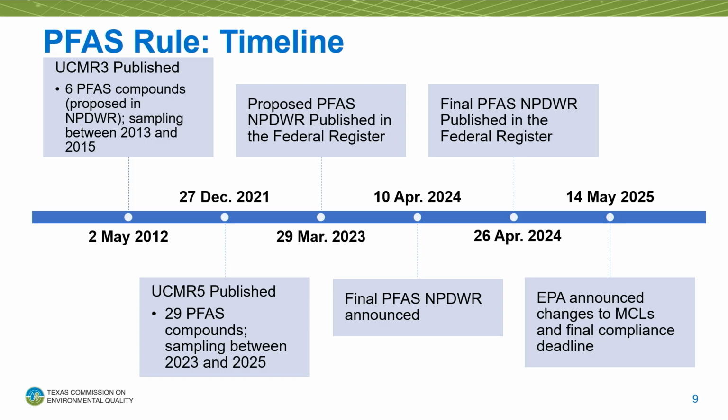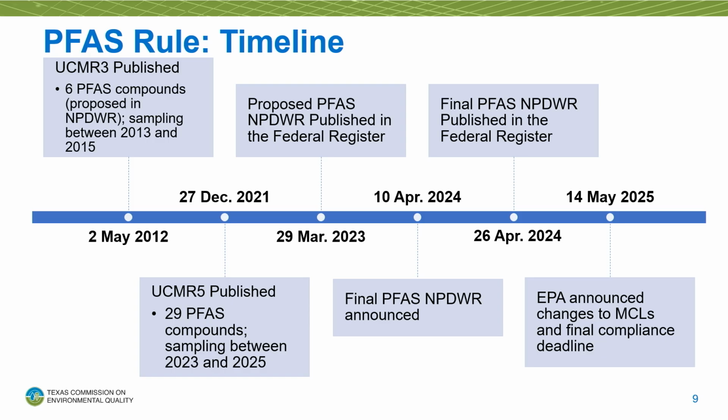So for the MCL, they're just going to retain the MCL for PFOA and PFOS. There used to be 5 individual MCLs, but now it's just PFOA and PFOS. There also used to be a hazard index, but they're planning to take that out, so it's just an MCL for PFOA and PFOS.